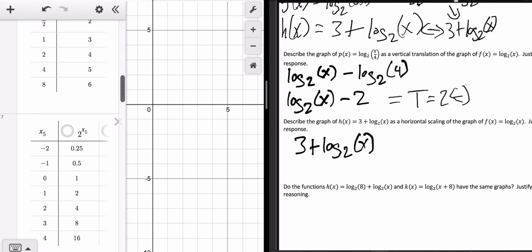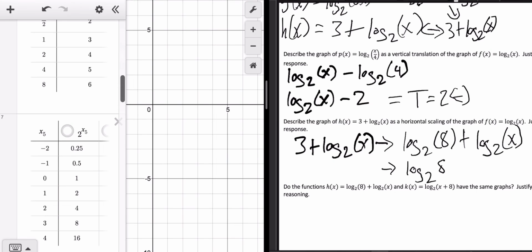Now remember, that's the same thing as log 2 of 8 plus log 2 of x. And since those are this, we can rewrite that all as log 2 of 8x. Now we can talk about it as a horizontal scaling because it's inside our parentheses, basically multiplied by our x. So that's the reason why we can now talk about it as a horizontal scaling.